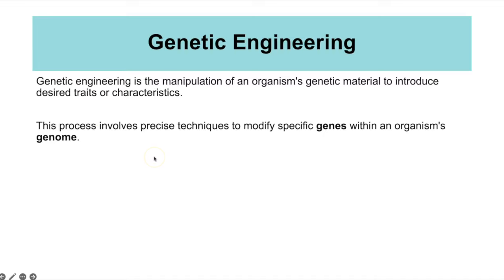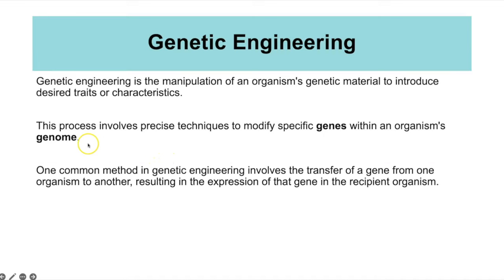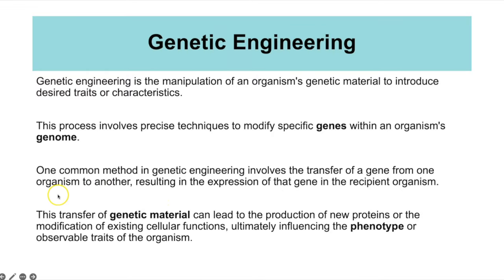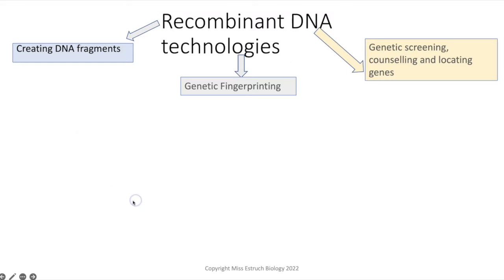The process involves precise techniques to modify specific genes within the organism's genome, and one common method in genetic engineering involves the transfer of a gene from one organism to another, resulting in the expression of that gene in the recipient organism. This transfer of genetic material can lead to the production of new proteins or the modification of existing cellular functions, but ultimately it influences the phenotype of the organism.